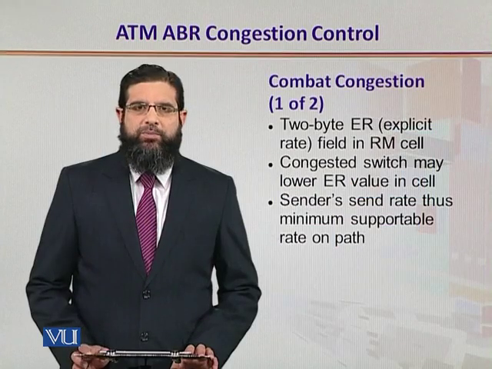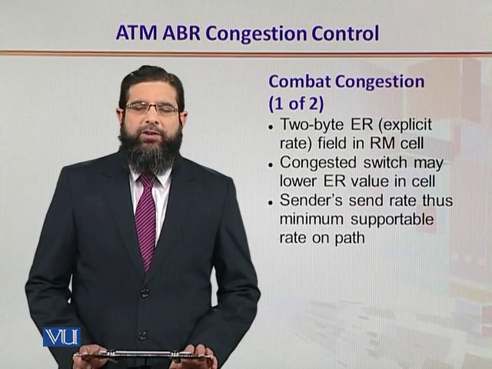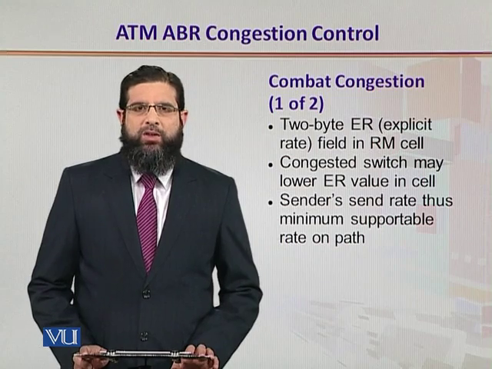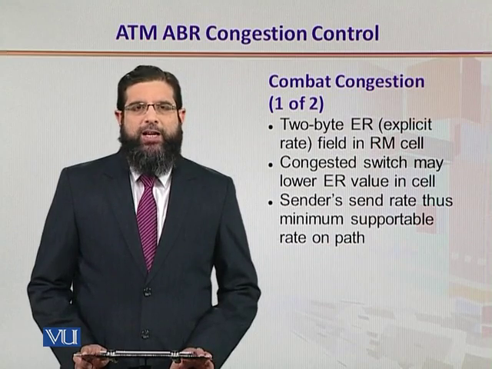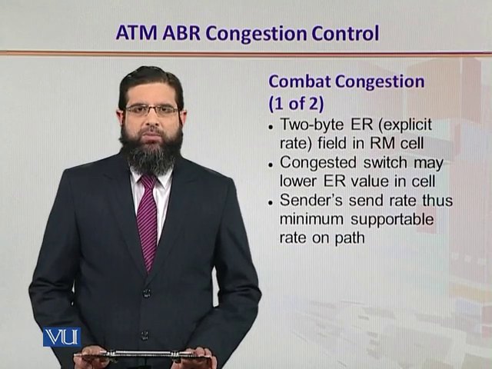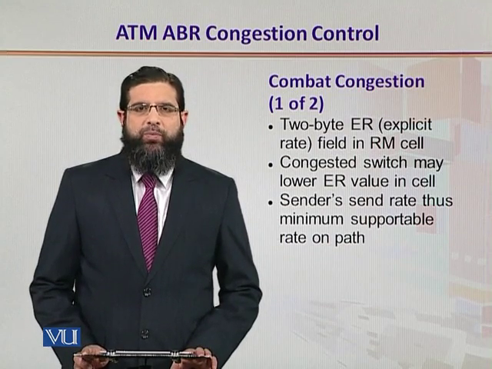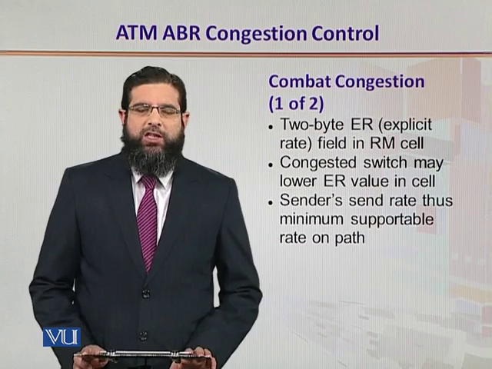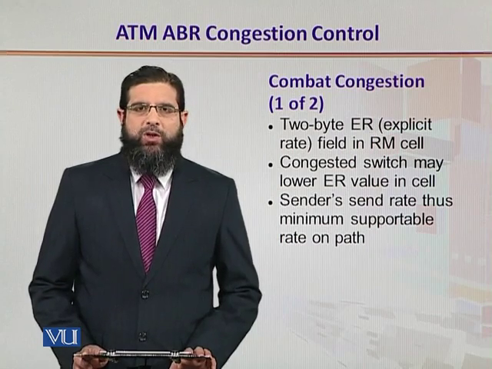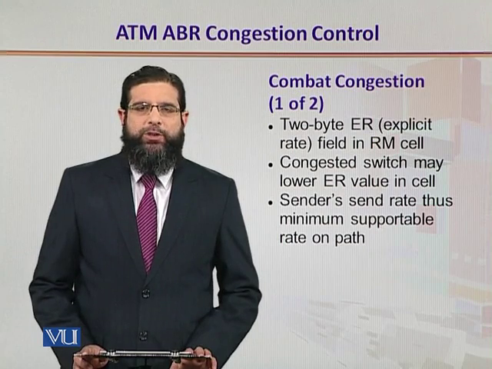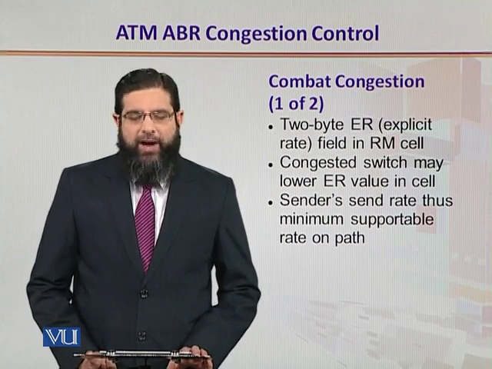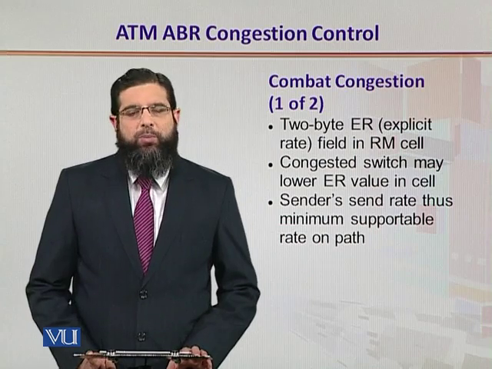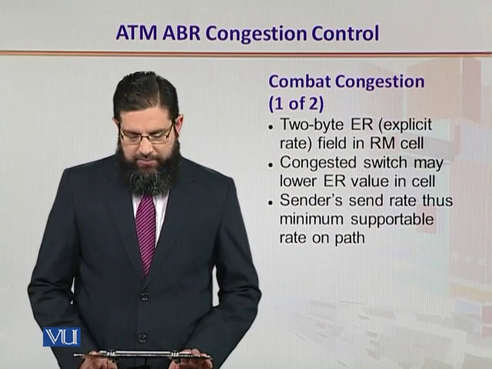As we earlier said, unlike transport layer TCP, ATM networks provide congestion control using network assisted services. By using the resource management cells, specific fields are included there, or the data cells which include certain flags. 2 bytes of explicit rate field are incorporated in resource management cells.